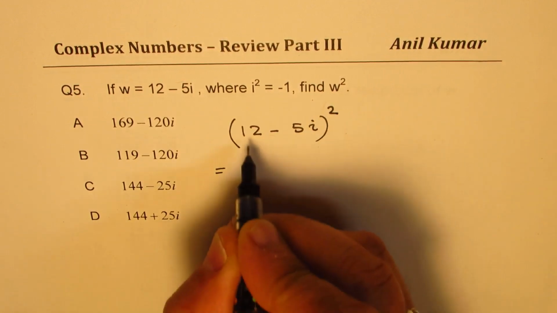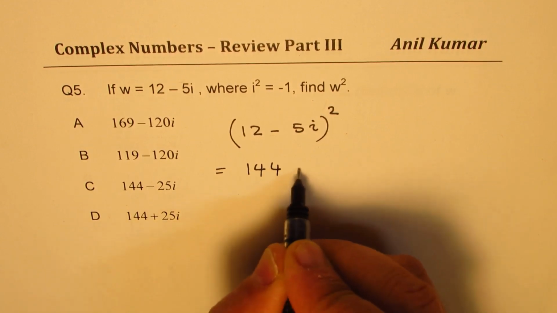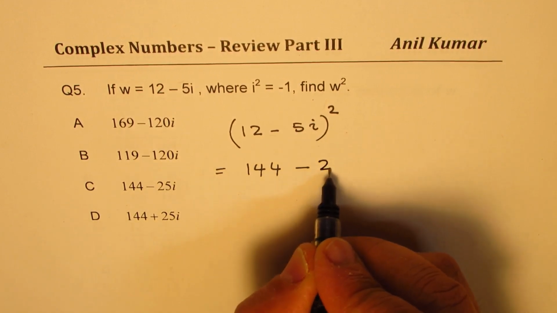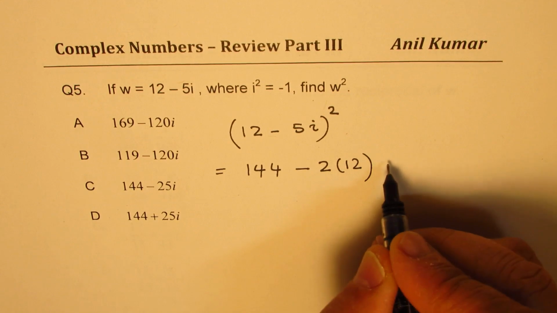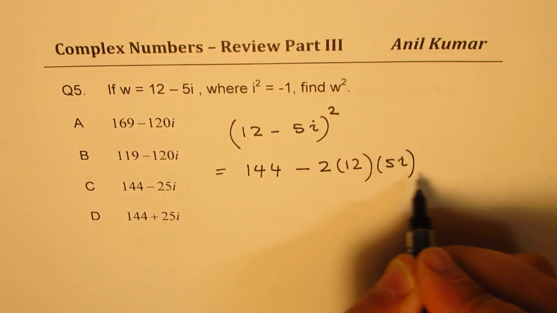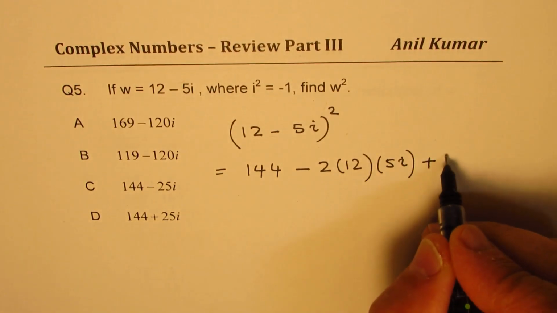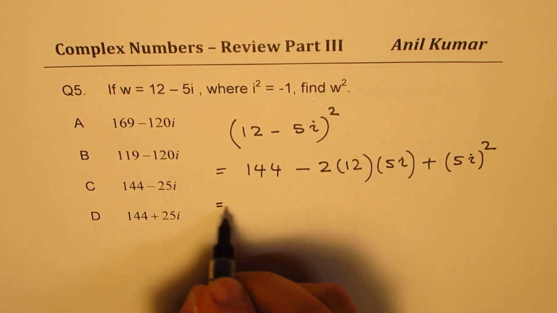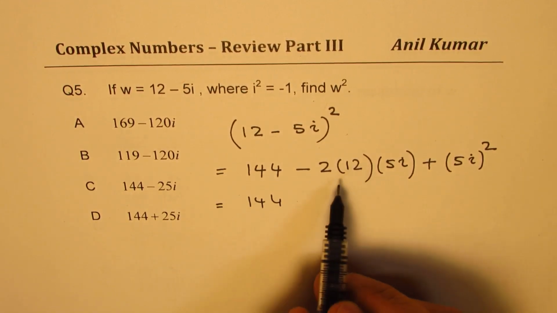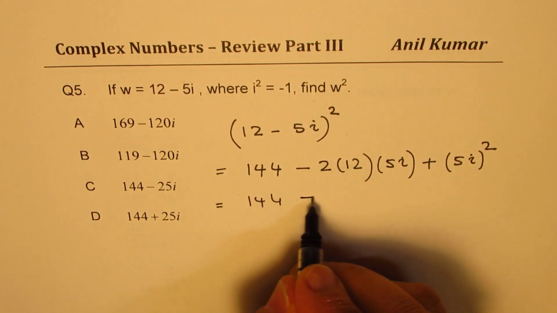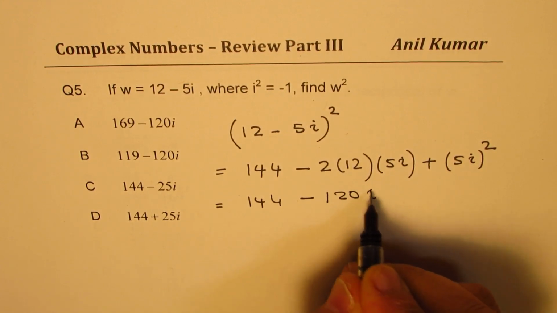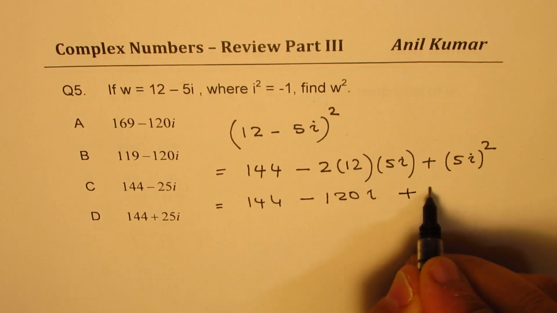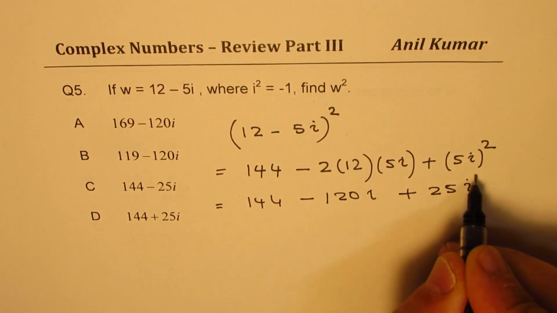So square will be a square, which is 144, minus 2 times ab, so 2 times 12, times 5i, plus b square, which is 5i square. Purposely I'm writing like this. So 144. Now here we get 10 times 12 as 120i, and that gives you plus 25i square.